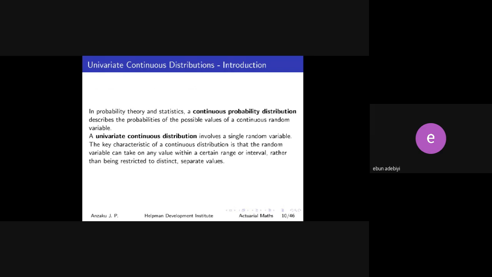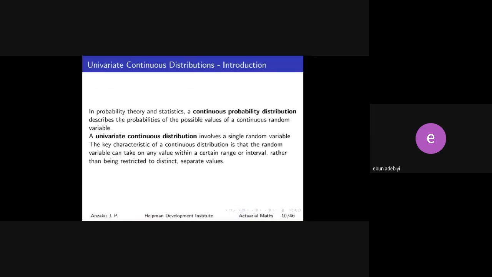So a univariate continuous distribution involves a single random variable. The key characteristic of a continuous distribution is that the random variable can take on any value within a range or interval. Let us not forget this, because this is just the difference between the discrete and the continuous. The discrete takes distinct or separate values, rather than any value within a certain range or interval.